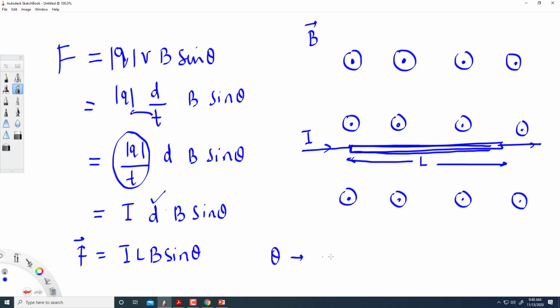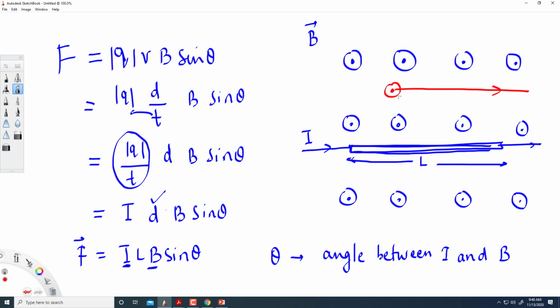Here theta is the angle between I and B. In this particular example, what's the angle between I and B? I is that way, B is coming out, 90 degrees, right? So I is going that way, B is coming out, that's the angle, 90 degrees.